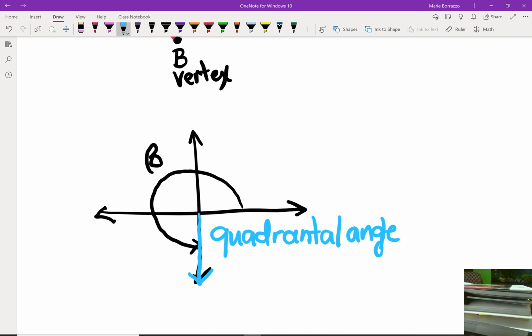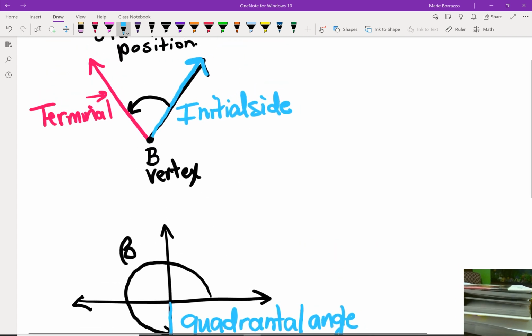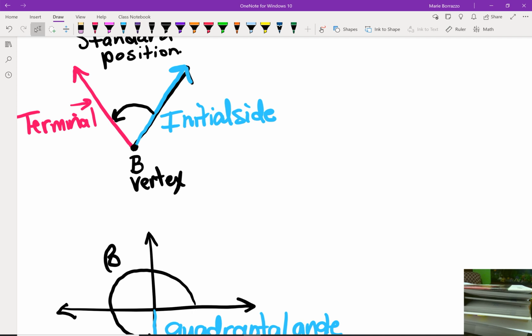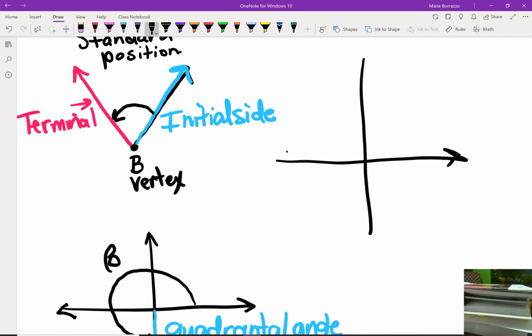All right. Same thing would apply for a terminal side angle if we were looking at the angle in a quadrant. So let's talk about that for a minute. So if I have an angle that is opening up with the initial side sitting at the x-axis, so let's go with this as the initial side of the ray.